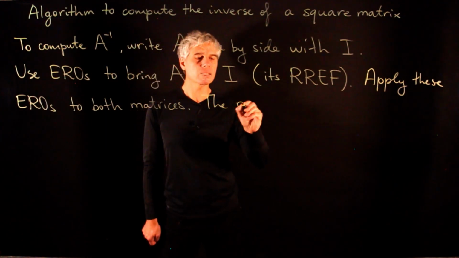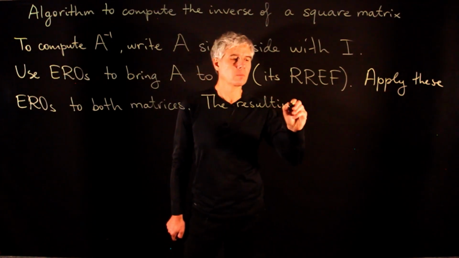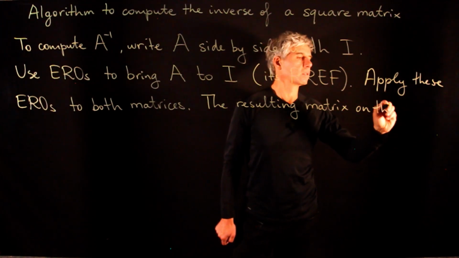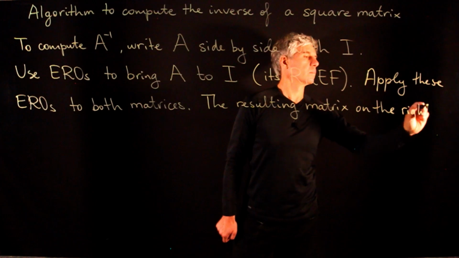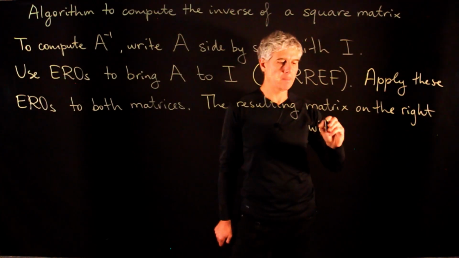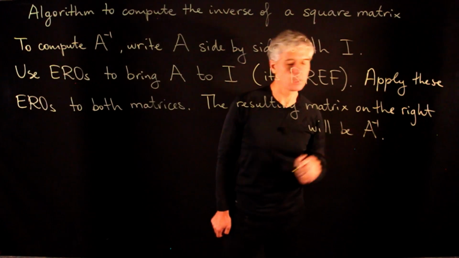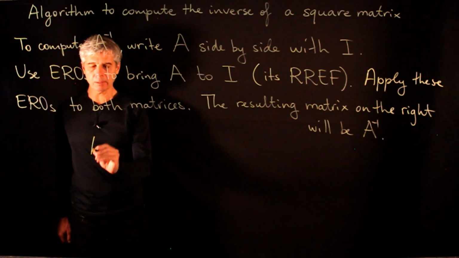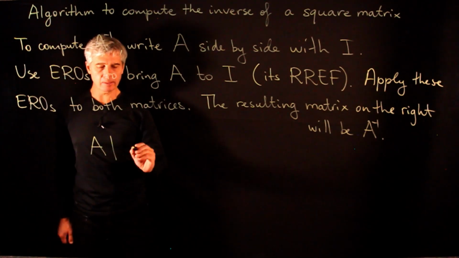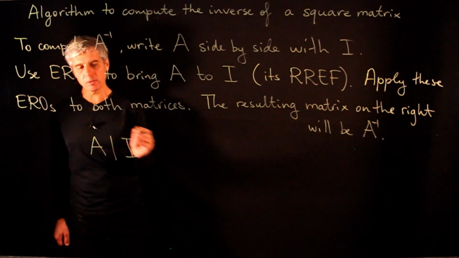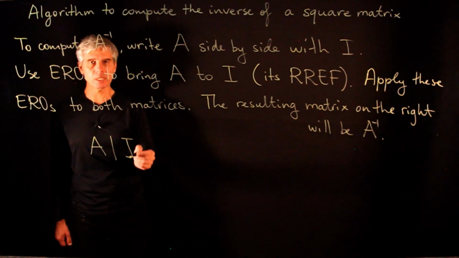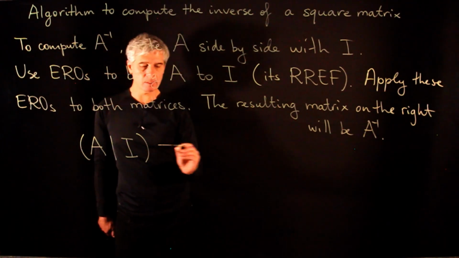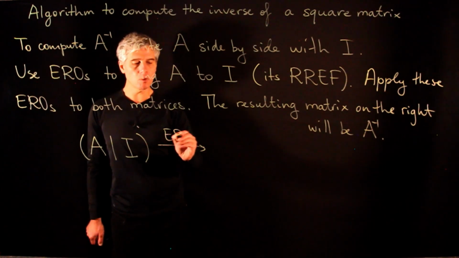The resulting matrix on the right will be A inverse. So basically what we do is we write the matrix A, and next to it as kind of an augmented matrix, but now with not a single column, but with the whole matrix, we write matrix I. And then we apply elementary row operations.